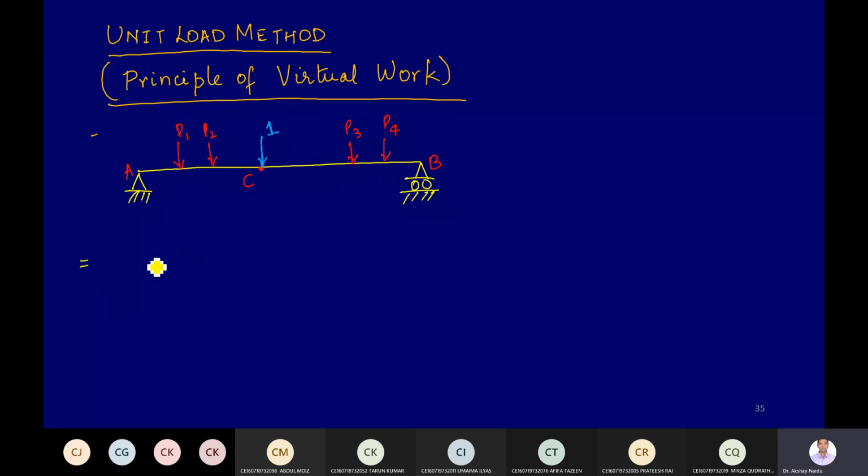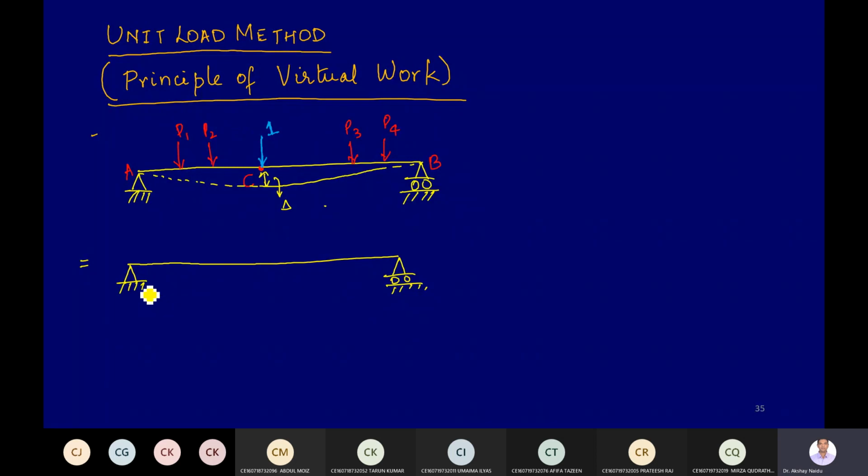So we will apply this at the point where we need the deflection. We want to find deflection delta.